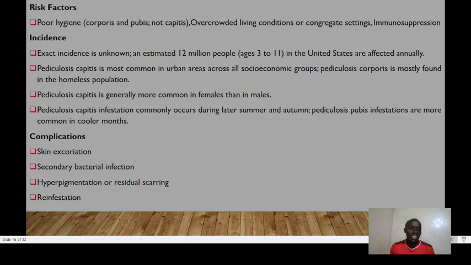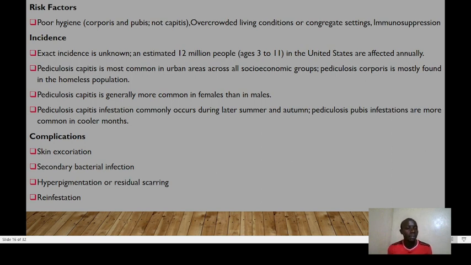The exact incidence is unknown, but it's estimated that around 12 million people ages 3 to 11 in the US are affected annually. Pediculosis capitis is the most common in urban areas across all socioeconomic groups, while pediculosis corporis is mostly common in the homeless population.